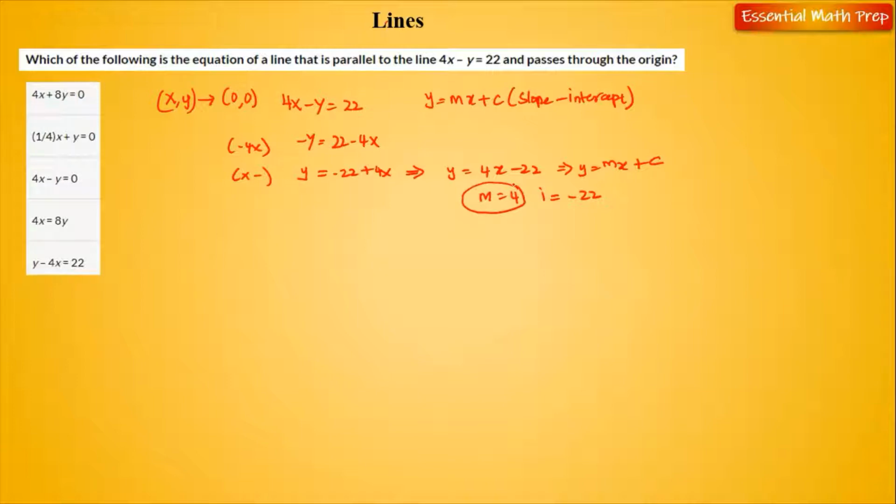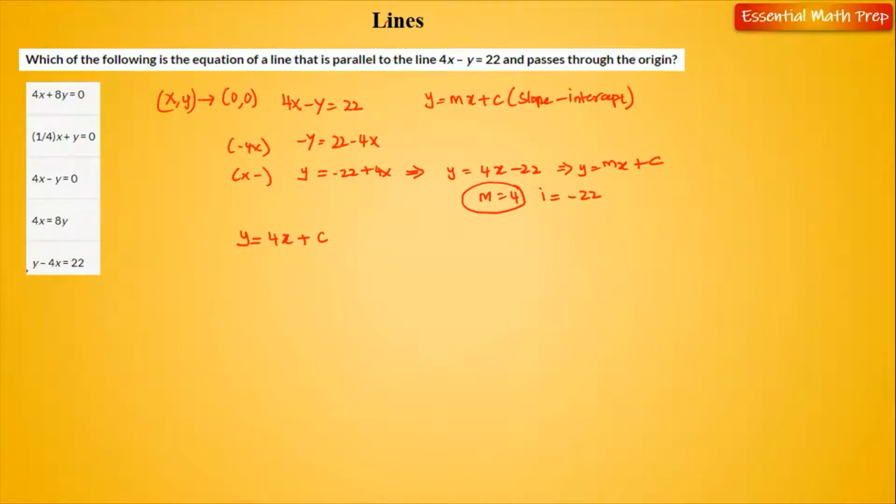Because when we say two lines are parallel, that means they have identical slopes, right? So we know m equals 4. So let's write our new equation as y equals mx, which is 4x plus c, right? Now here's the trick. You can do two things, right?